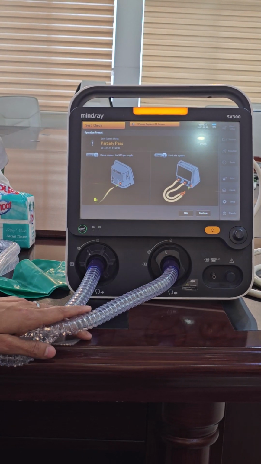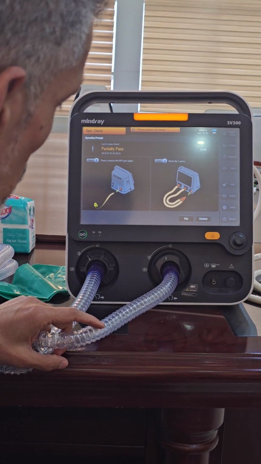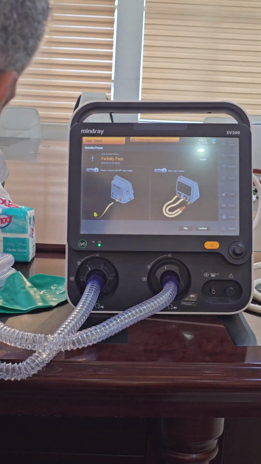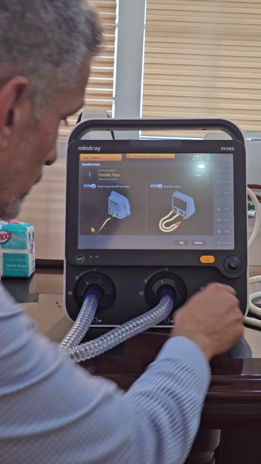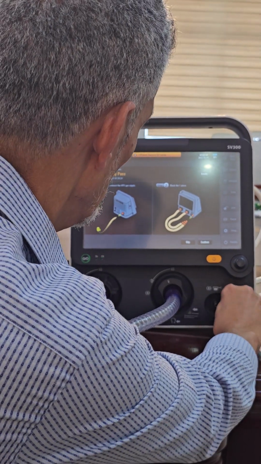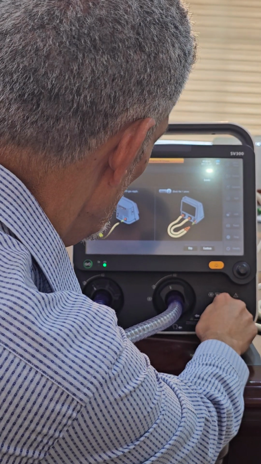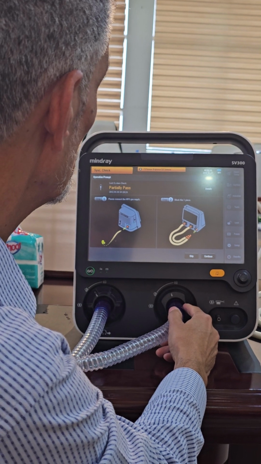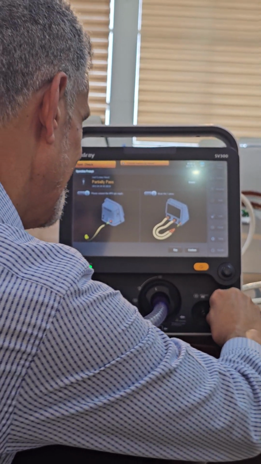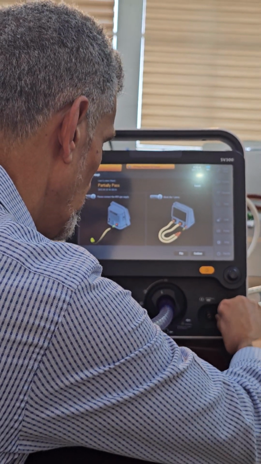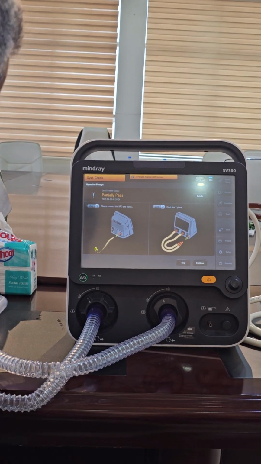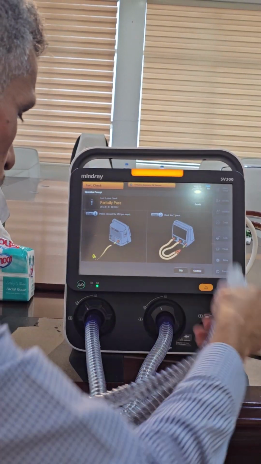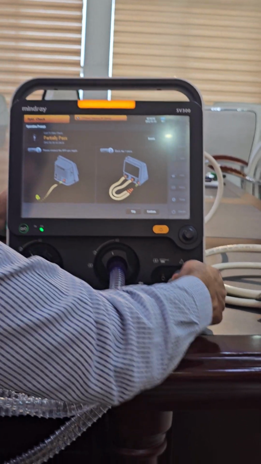So we can disconnect this. It has to be reconnected because you need to test it. This is pluggable or unpluggable. I think you need to plug it, like this.